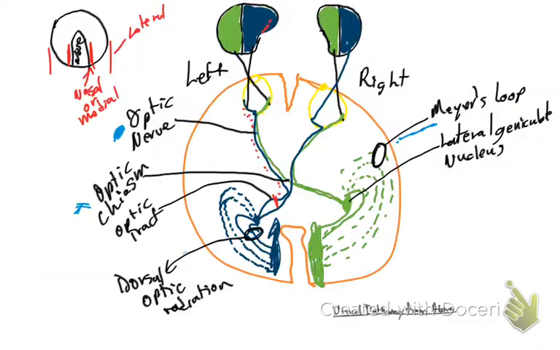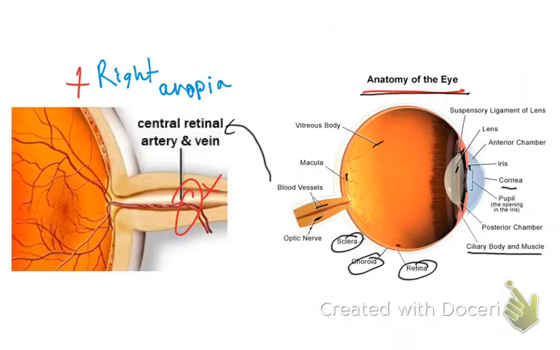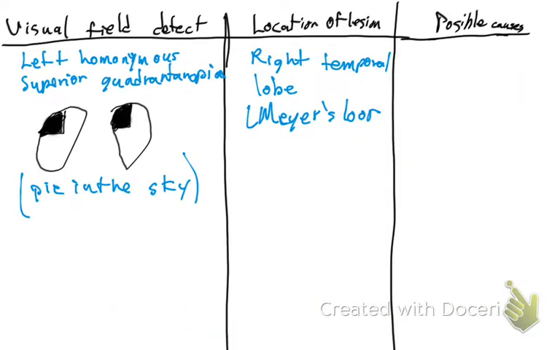Now let me come back to our slide. So, Meyer's loop. What are the possible causes of this? A lesion or stroke involving the temporal lobe.